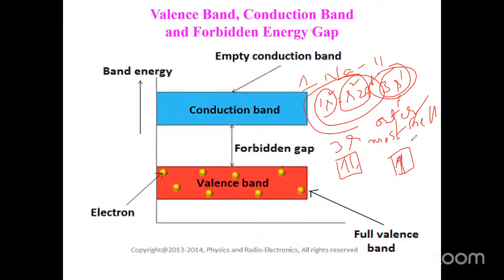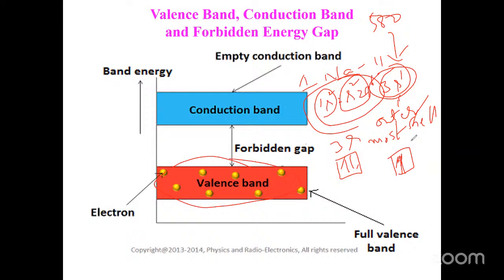For example, if you choose a substance having more than 500 electrons, how many valence electrons are there for that substance? 500 valence electrons. Getting my point? These combine and form a band. That band is nothing but the valence band.